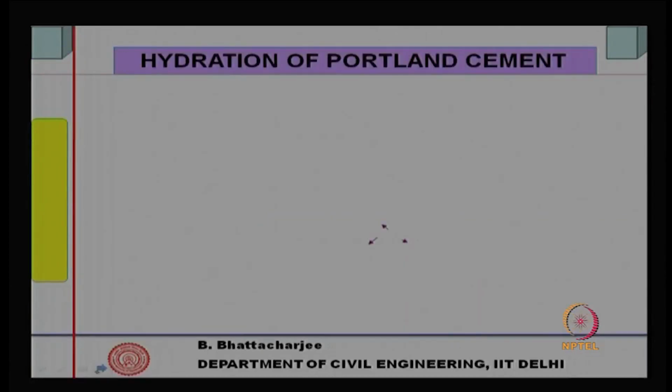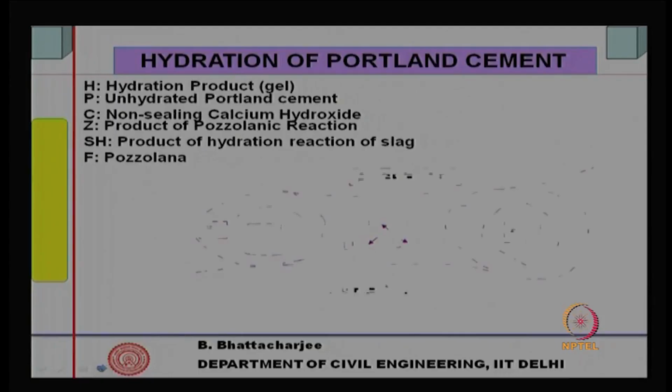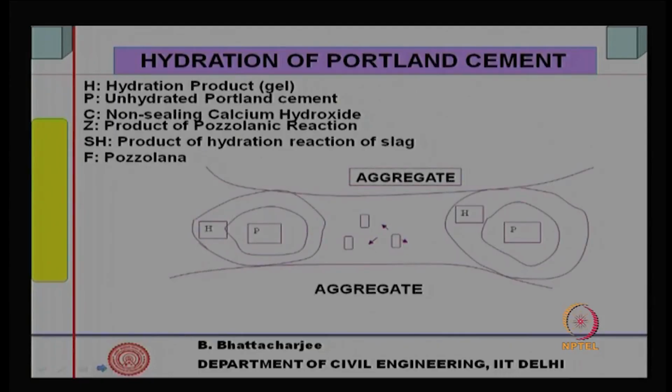Now, let us see their hydration characteristics. This is my Portland cement, and recall these are the inner product. H stands for hydration product, gel, inner product. This is the original grain boundary of the Portland cement.